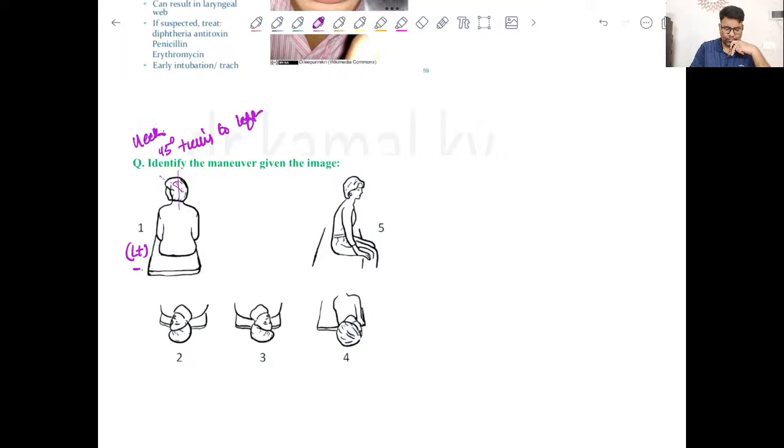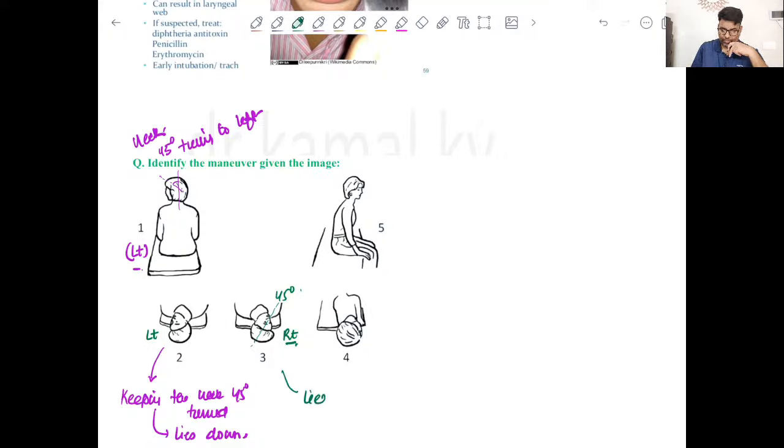So the neck is turned 45 degrees to left in the first. In second, keeping the neck 45 degrees turned, the patient lies down. This is step 2. Now in step 3, the patient will turn the neck to the other side, again 45 degrees. So this was left. Now the patient has turned the neck towards the right side and is still lying down.